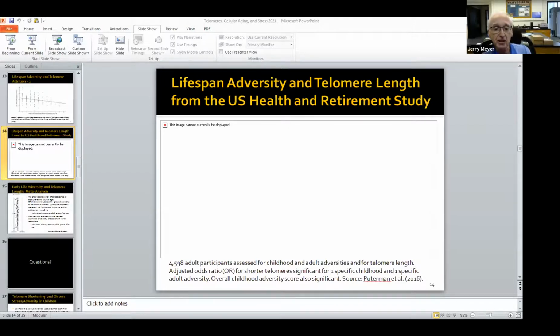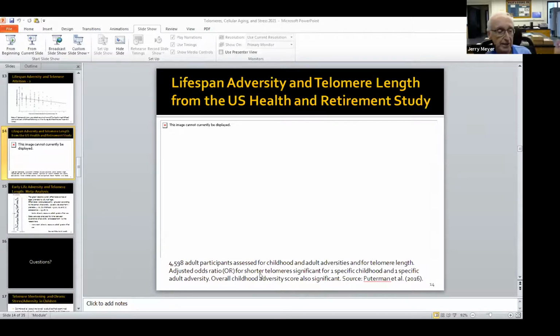So you can see that over 4,500 adult participants were assessed in a large study. It's a US health and retirement study here. And they were assessed for childhood and adult adversities and whether those are related to telomere length. And there were adjusted odds ratios.